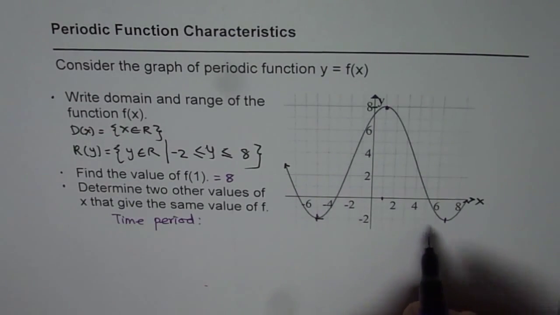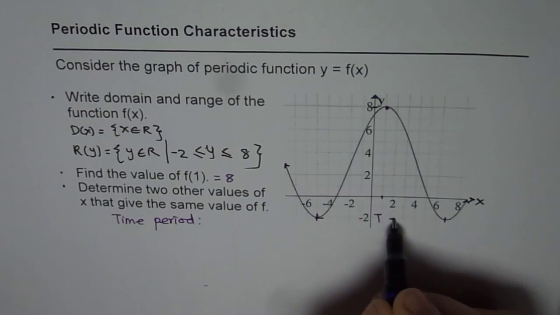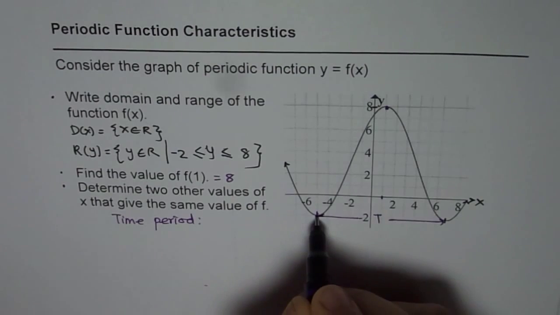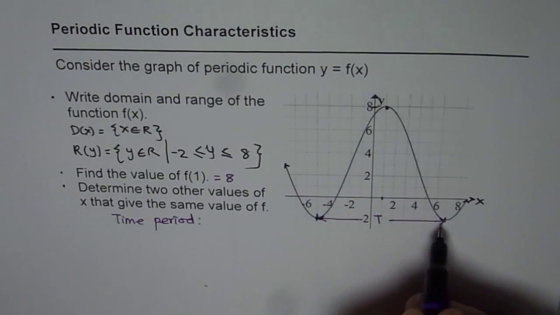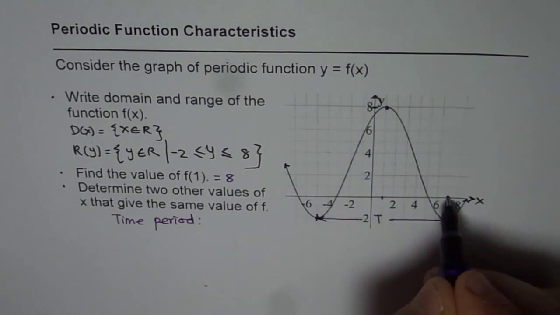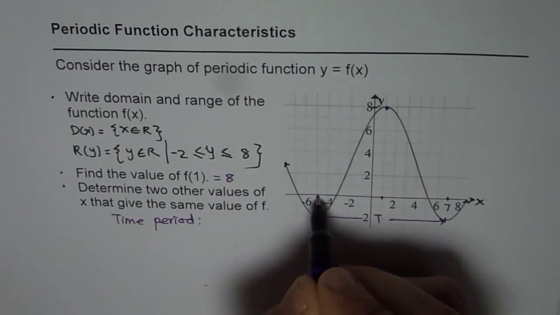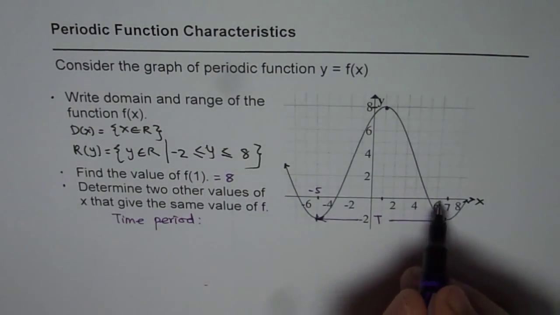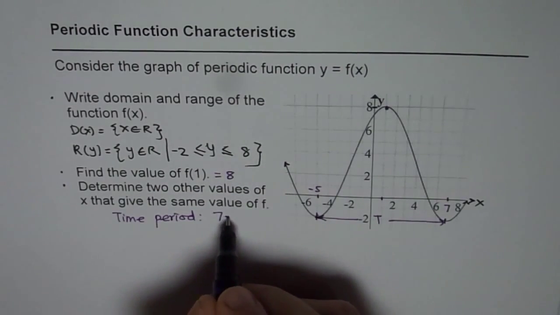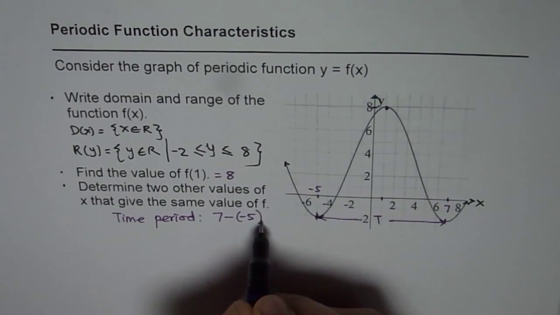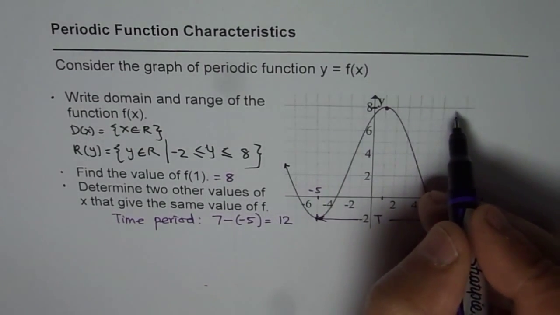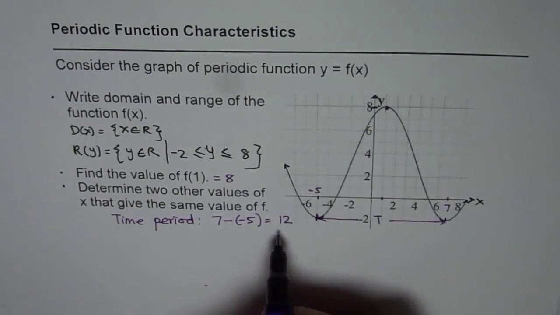In this case we can find the time period by finding the duration between two minimum points. These minimum points are at 7 and -5, and therefore the time duration is the difference of these two, 7 minus -5. That gives us 12. So every value on the graph repeats after 12 units, correct?